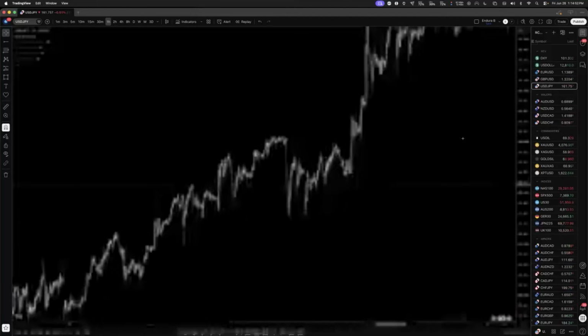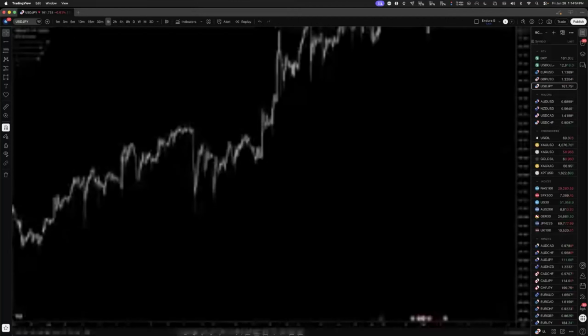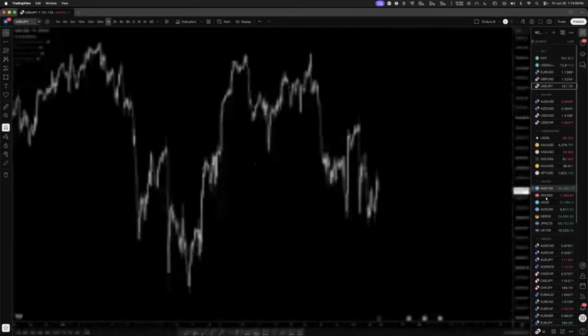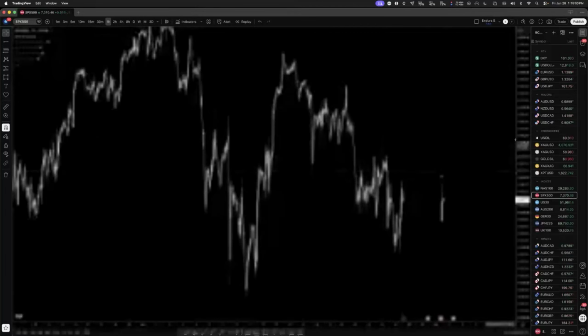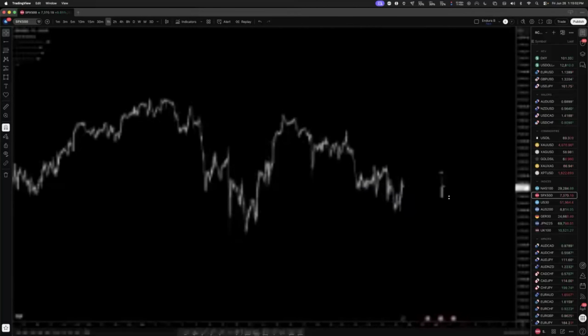So maybe with indices, that could be more of an absolute rule, especially NAS and SPX, because the majority of their volume is during New York session, or New York Stock Exchange Open, sorry. But it's very dependent on the asset or the cross.